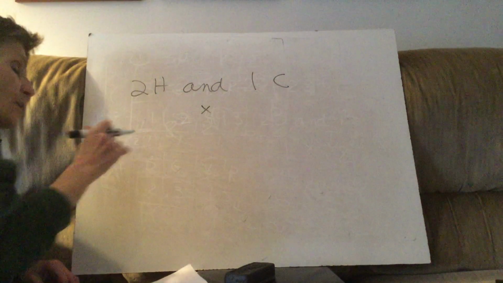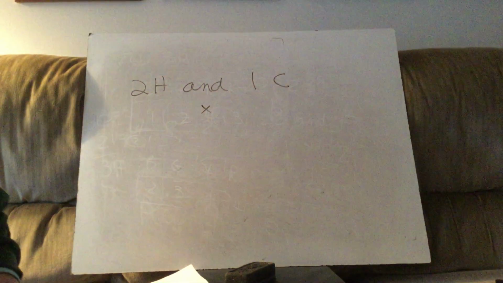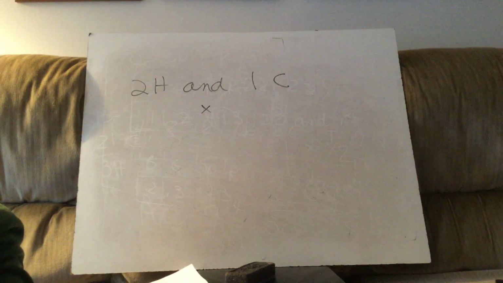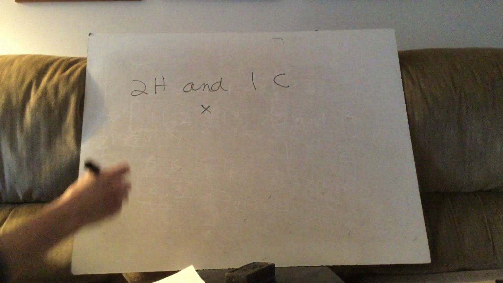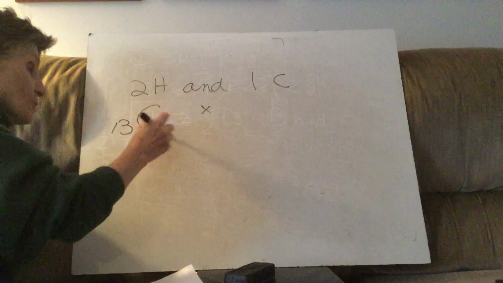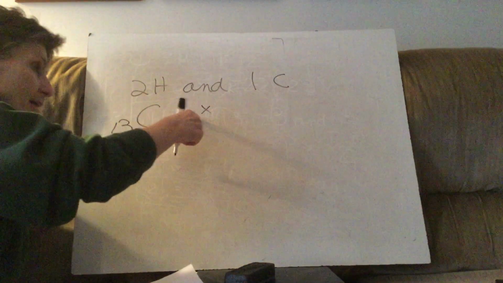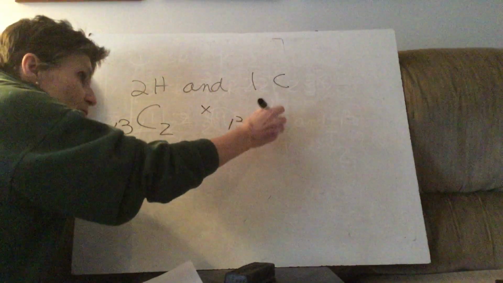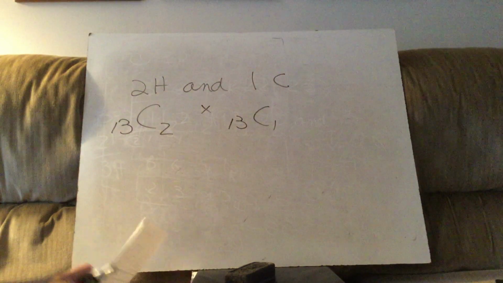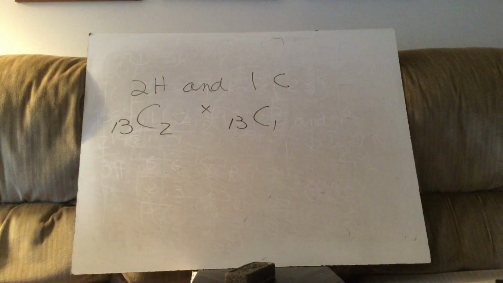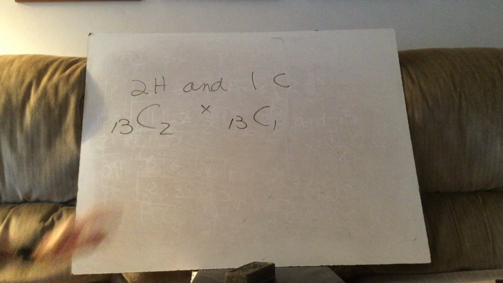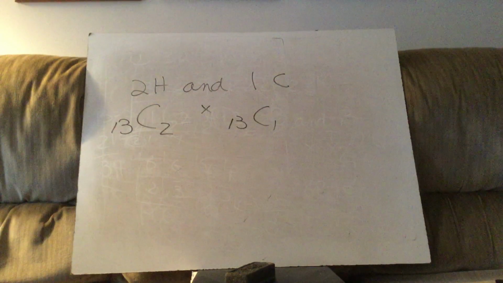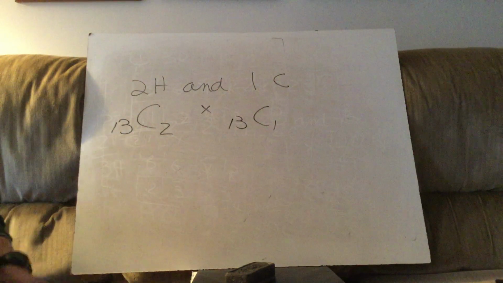Okay, so how do I get 2 hearts? Well, how many hearts are in the deck? If you said 13, you're right. So 13C2. And 1 club, which would be 13C1. Remember that there's 13 of each type of card in the deck.